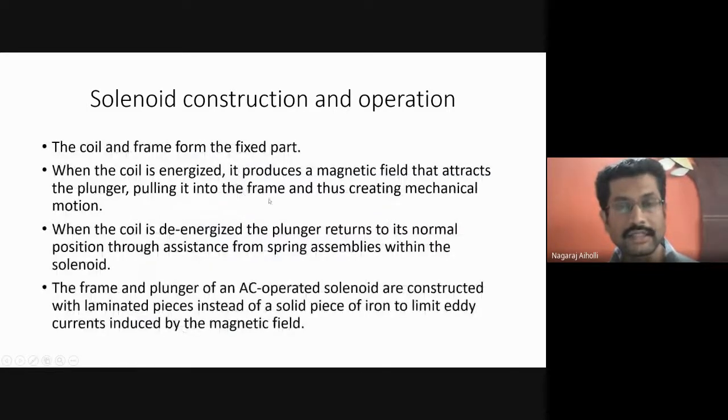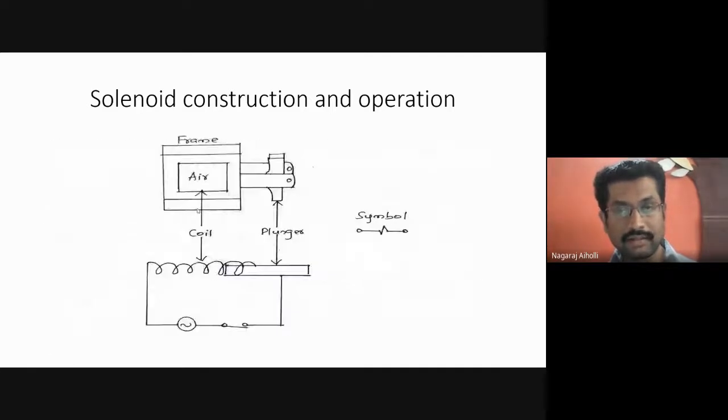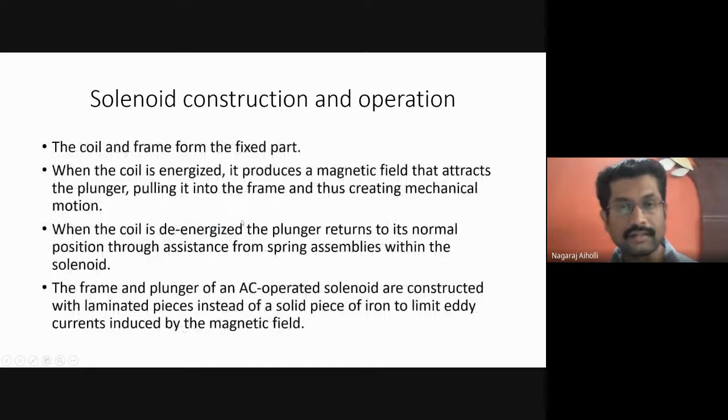When the coil is energized, it produces a magnetic field that attracts the plunger, pulling it into the frame, thus creating mechanical motion. When the coil is de-energized, the plunger returns to its normal position with the assistance of the springs.